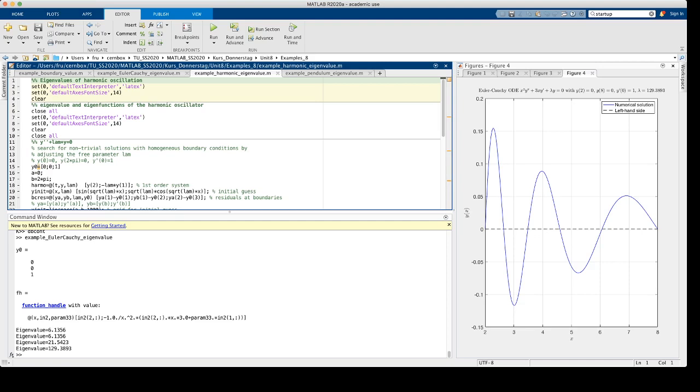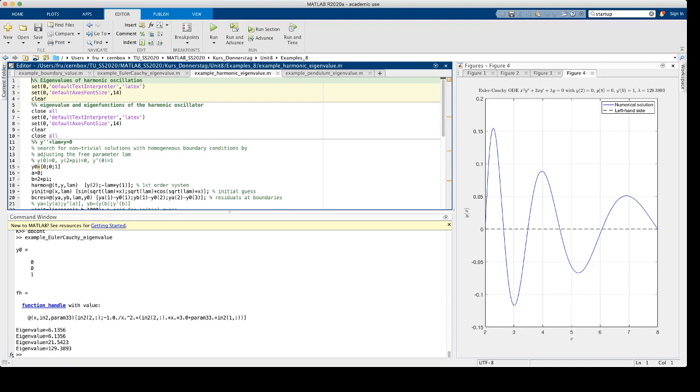The equation is y double prime in line 11 plus lambda times y equals 0. Lam is the free parameter, and we have homogeneous boundary conditions in the interval from 0 to 2 pi in line 14. And to fix the solution, we have to specify one more boundary condition, and I've chosen the slope at 0 should be 1.